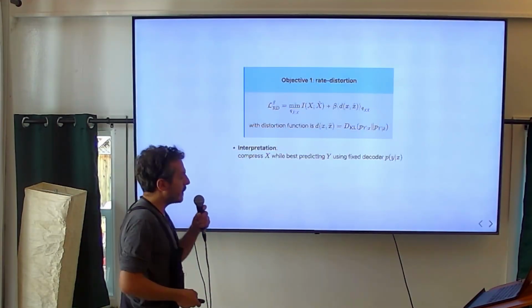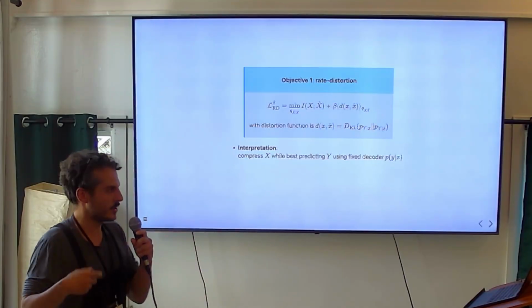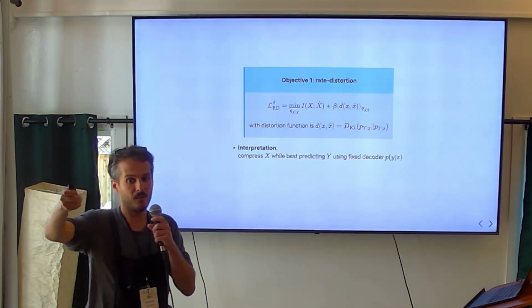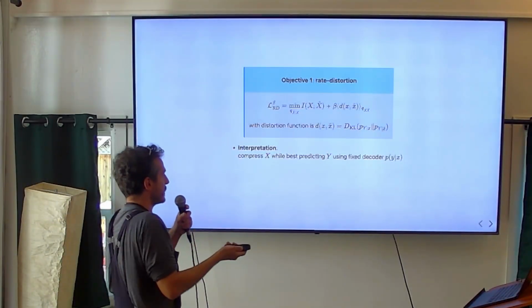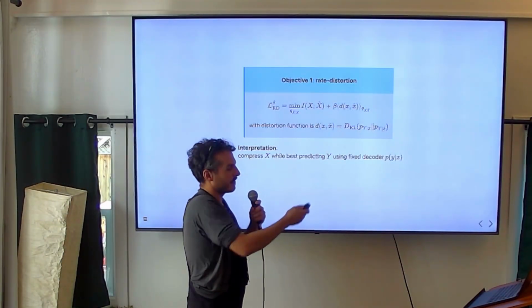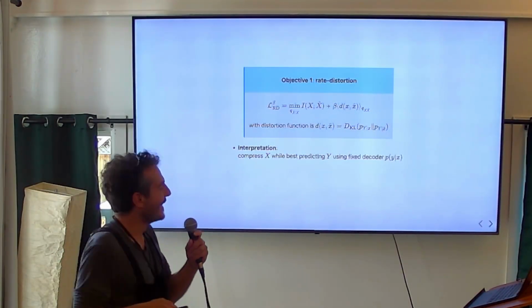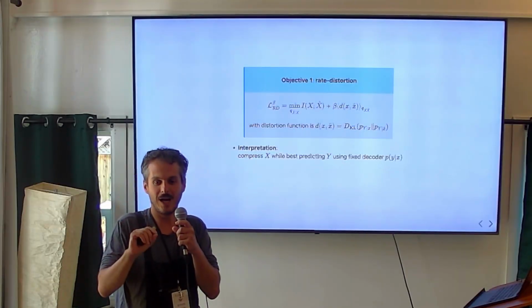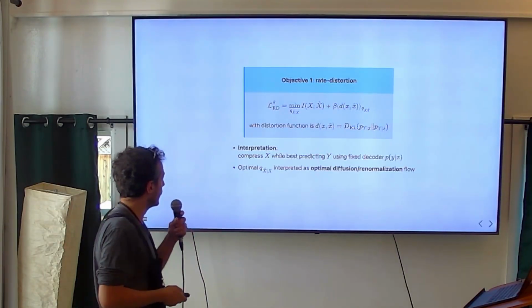One way to think about this is that we're not adapting the decoder, so to speak. We're not adapting the decoder to predict y from Q. We're just using a fixed decoder, and because of that there's a kind of identity relationship between the coarse graining that's going to be preserved.